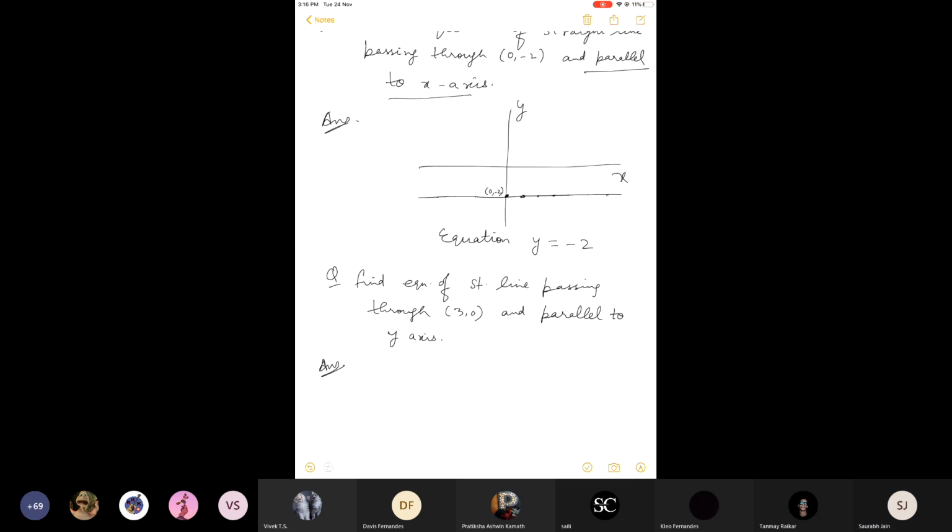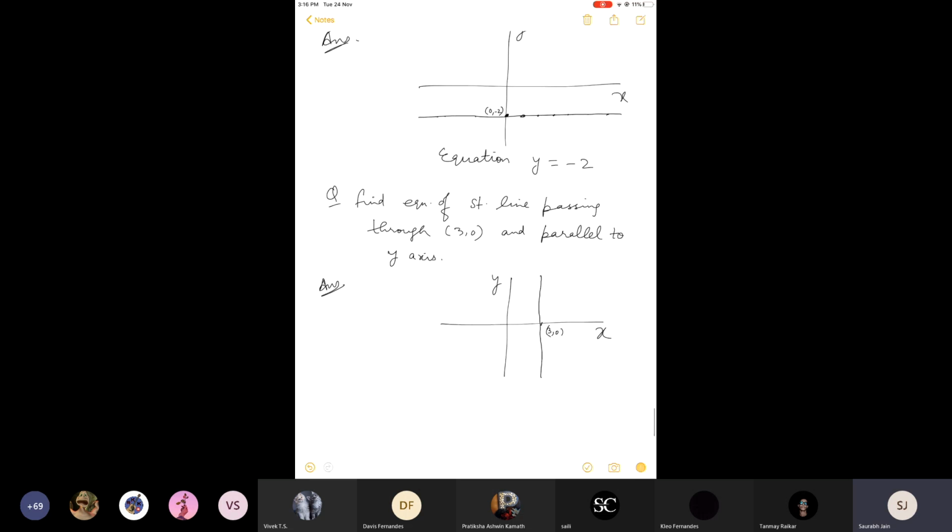X is equal to 3. Yes, correct. See, this time it will be a vertical line. Why? Because the point of consideration is 3 comma 0, and this time the line is passing through it, but it is parallel to the y-axis, so it is a case of a vertical line.